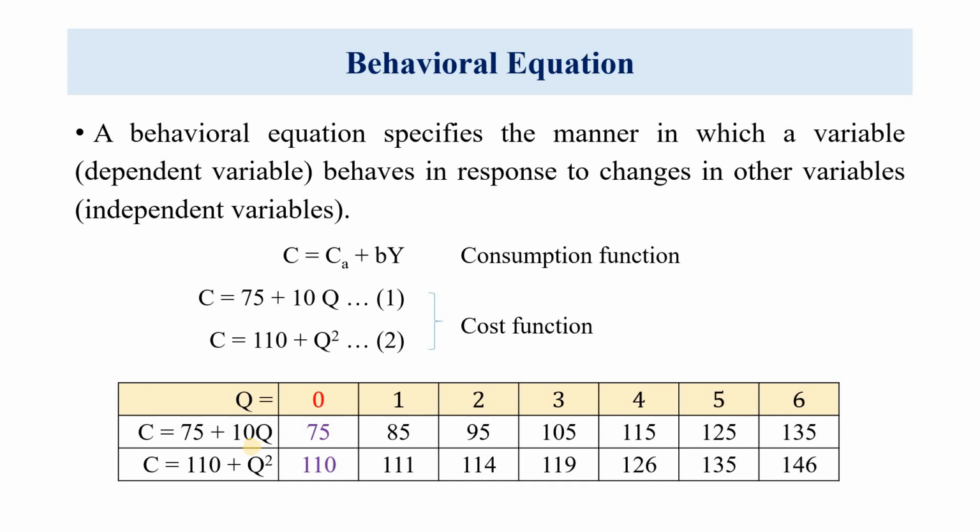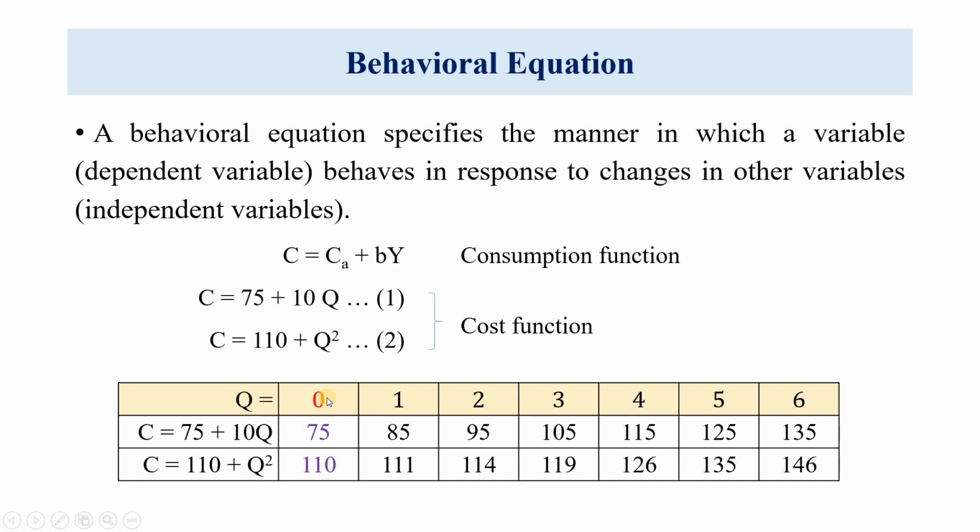Let's see with a table. The first row indicates several levels of output, Q equal to 0, 1, 2, 3, 4, 5 and 6, and the second row indicates our equation 1, and the third row indicates our equation 2.